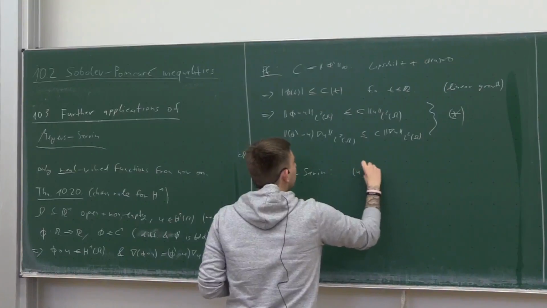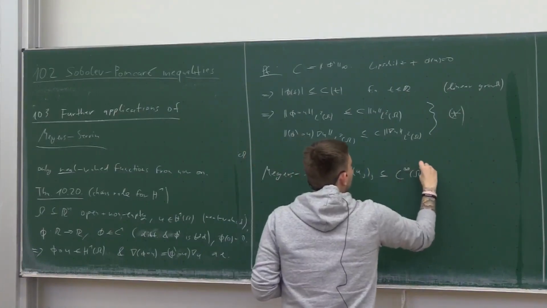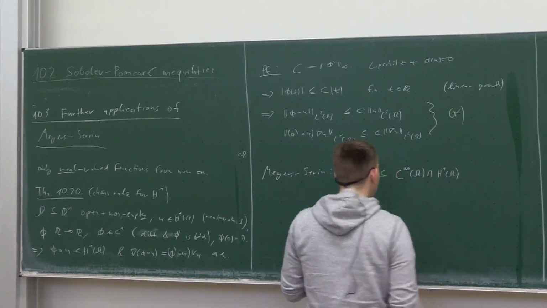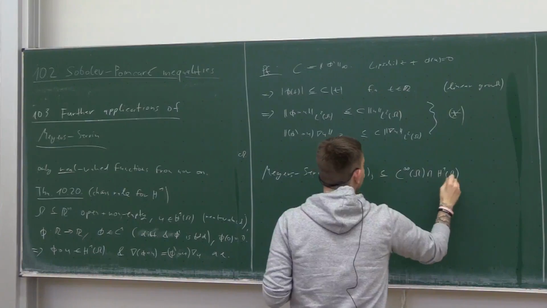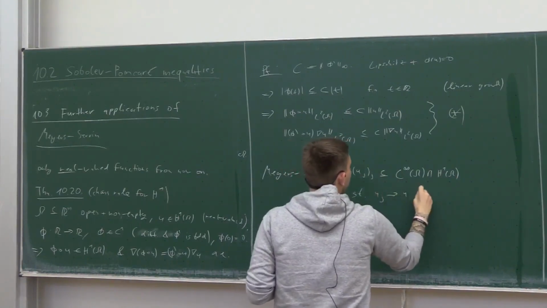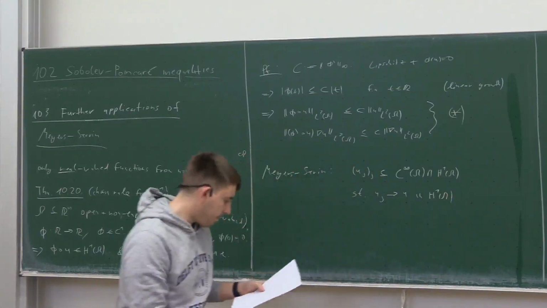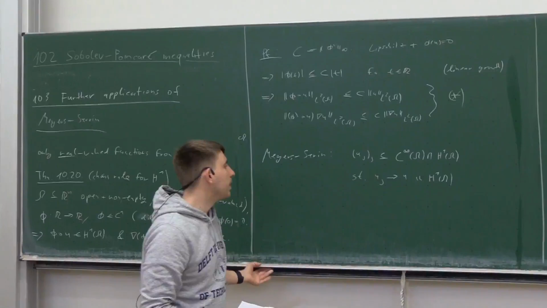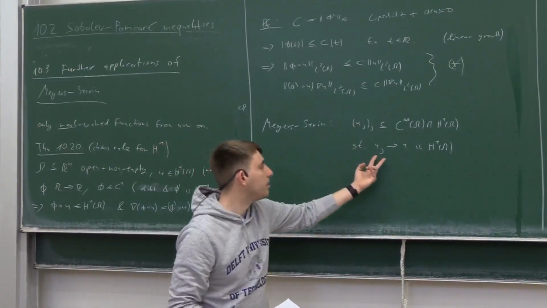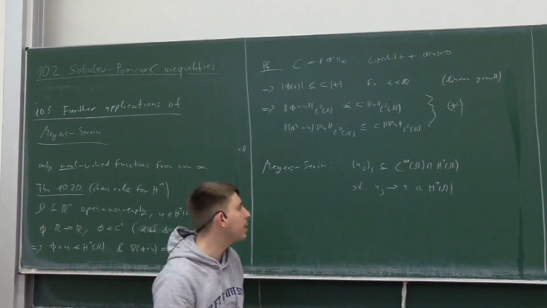So there is some u_j in C infinity of Omega intersected with H1 of Omega, such that u_j converges to u in H1. This is just Meyer-Serrin. And without loss of generality, we can also say that we have pointwise almost everywhere convergence by passing to a subsequence.